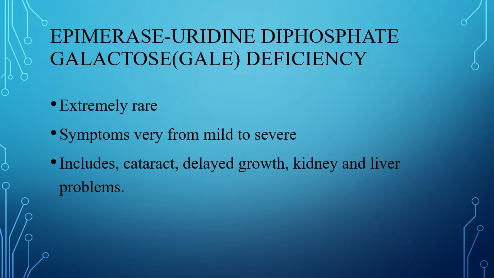The third type is because of deficiency in the epimerase enzyme, also known as uridine diphosphate galactose, GALE deficiency. This is an extremely rare condition, and the symptoms may vary from mild to severe, and include cataract, delayed growth, kidney and liver problems.